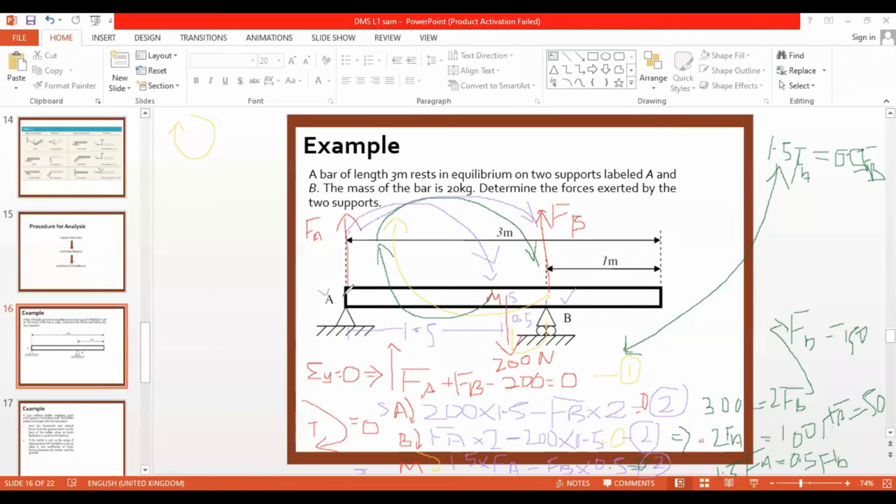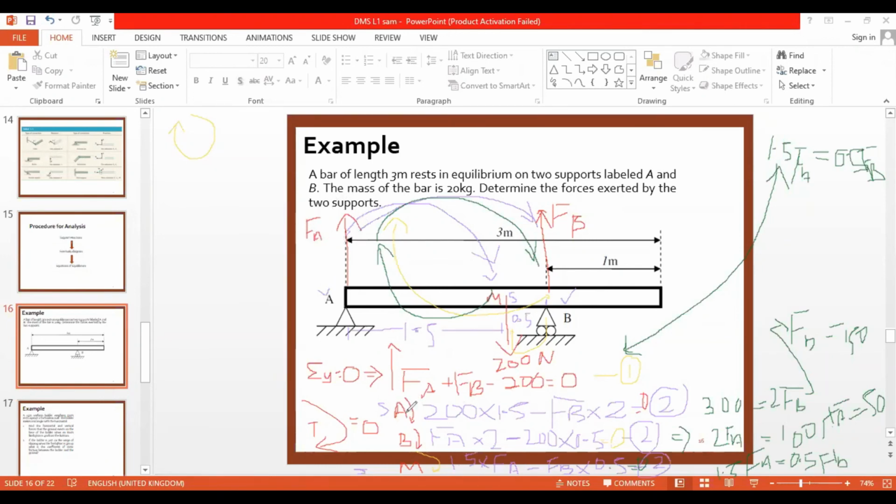Why? Because if you take the moment about A or B, these are unknown forces: FA you don't know, FB you don't know. When you take moments about A or B, the distance between the force and the point is 0. So if you are taking moments about A, then the FA force will not come into the equation.